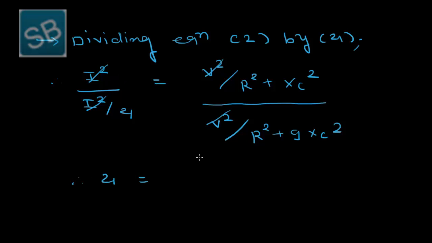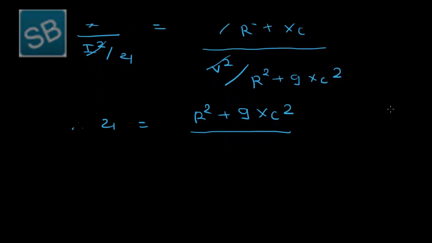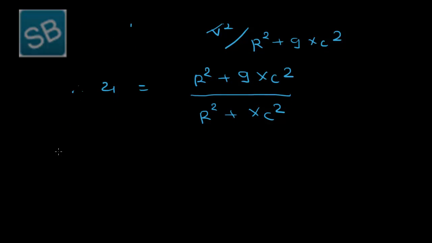Therefore 4 is equal to R square plus 9XC square divided by R square plus XC square. Now I am taking this R square plus XC square into the multiplication with 4. Therefore 4R square plus 4XC square is equal to R square plus 9XC square.